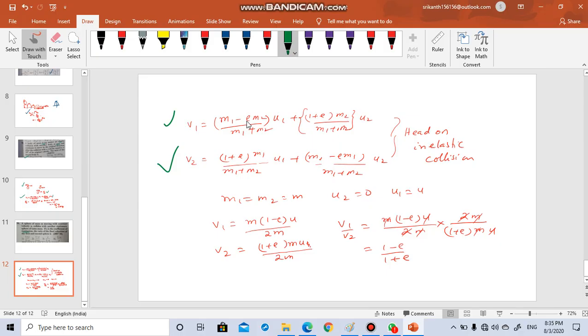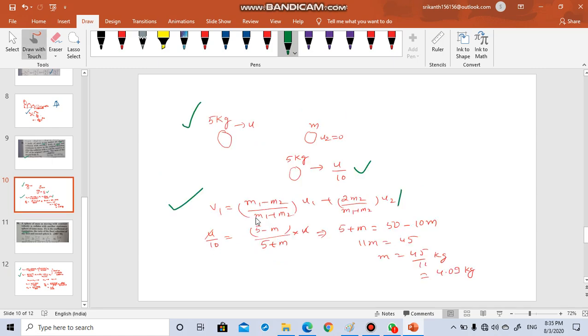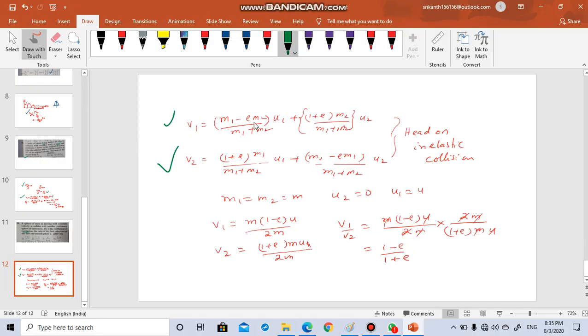So what was the formula here? (m1 minus m2) divided by (m1 plus m2). Here it will become (m1 minus em2) divided by (m1 plus m2). In the second case, in elastic collisions it was 2m2, but in the place of 2 you have to write 1 plus e.